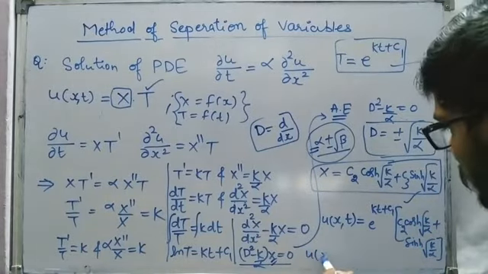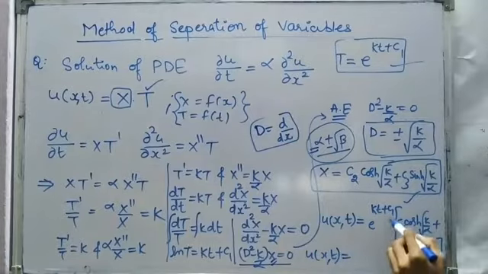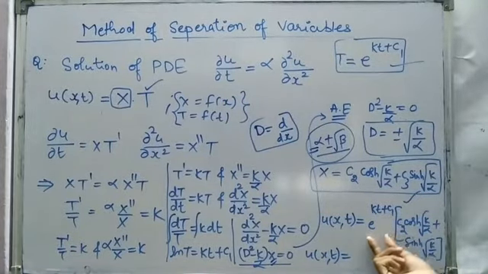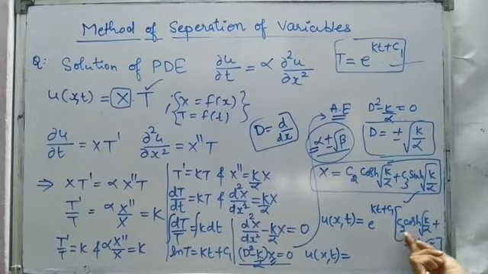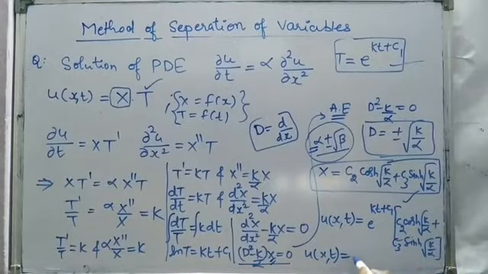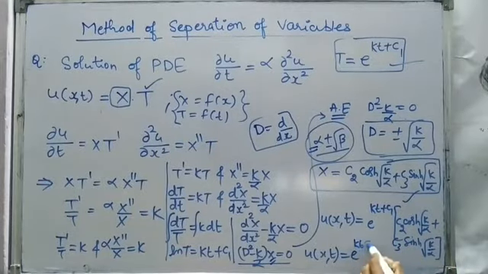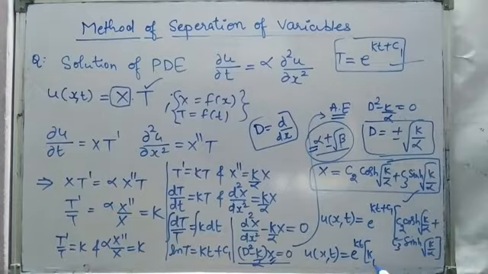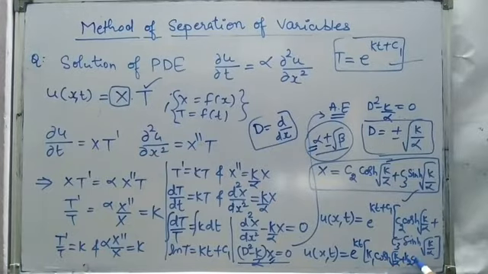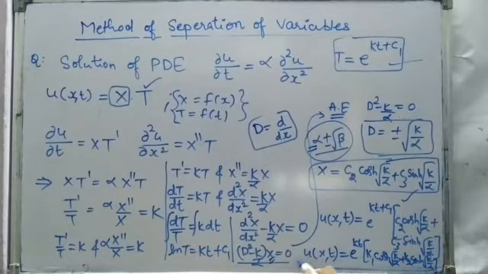If we take this e power c1 as another constant, let us say c, and multiply that constant with c2 and c3 separately, we write another constant. So this will be written as e power kt, and let us write k1, k2: k1 cos hyperbolic root over k by alpha x plus k2 sin hyperbolic root over k by alpha x. So this is going to be our general solution of the given partial differential equation.